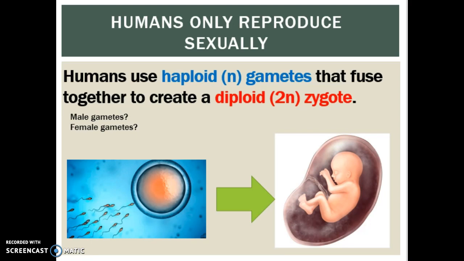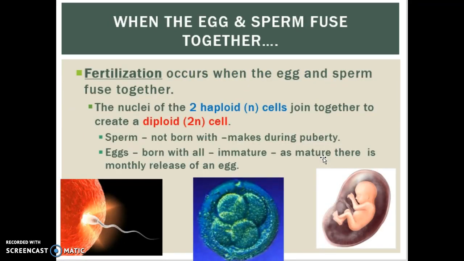So up on the board is a picture, and you can see we have the sperm down here and the egg, and they fuse together to make a zygote that will become a baby. So fertilization occurs when the egg and the sperm fuse together. The nuclei of the two haploid, or N, cells, haploid, remember that keyword from last semester, join together to form a diploid cell.